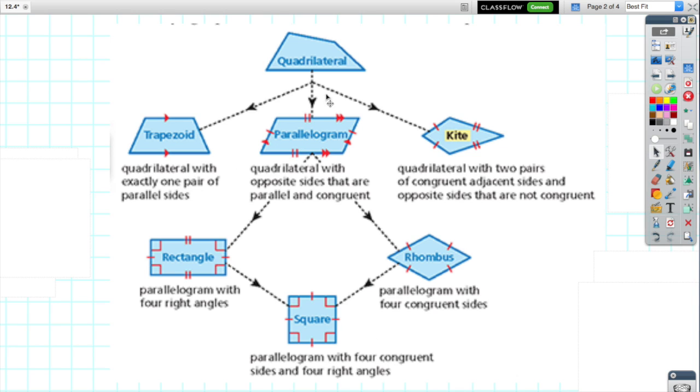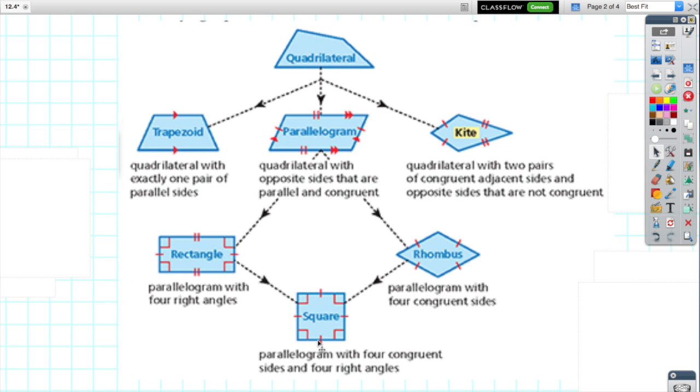And so this is the flow chart when it comes to quadrilaterals, from the most generic, a quadrilateral with four sides, all the way down to a square, which has the most specialized characteristics. So when you're classifying things, you use this chart. If I give you a rhombus, well, a rhombus is also a parallelogram and it's also a quadrilateral.